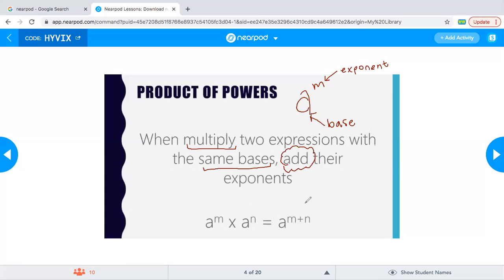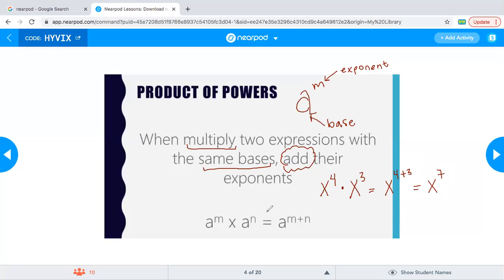So let's say I had x to the power of 4 times x to the power of 3. Are those the same bases? Yes. So what do I do with their exponents? Add them. So that's x to the power of 4 plus 3, which is x to the power of 7.